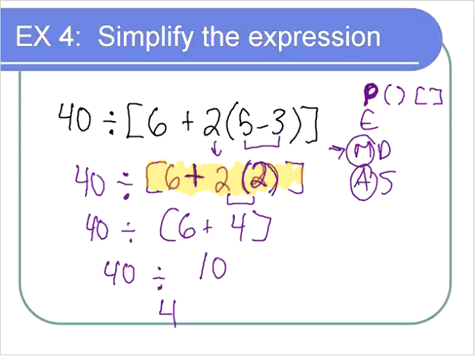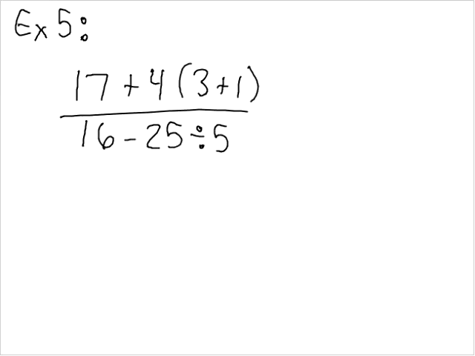You guys are doing great so far. We have one last one to do, and then we are done. Alright, last one. What if I put this big, huge division sign in there? Don't let that scare you. We're still going to do PEMDAS. But we're going to forget about the bottom for right now. So I'm going to hide the bottom.